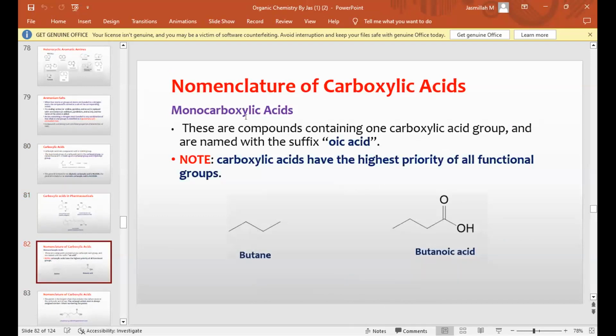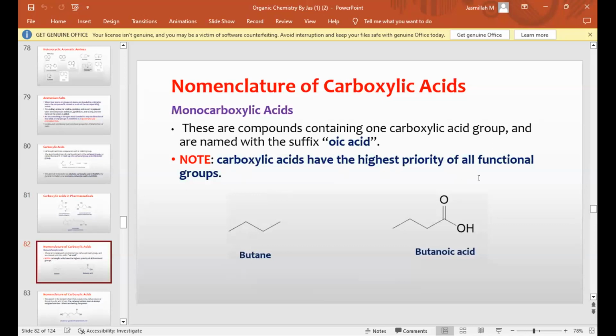Then naming of the carboxylic acids. Compounds containing one carboxylic acid group are named using the suffix oic acid. Carboxylic acids have the highest priority of all the functional groups.